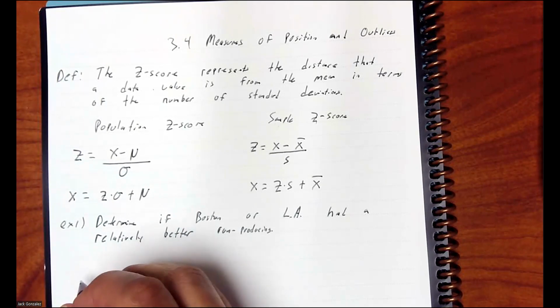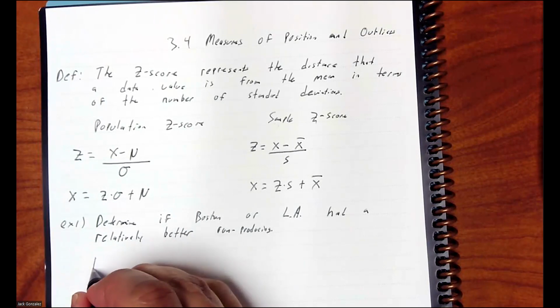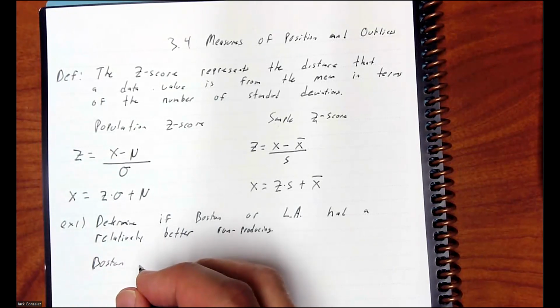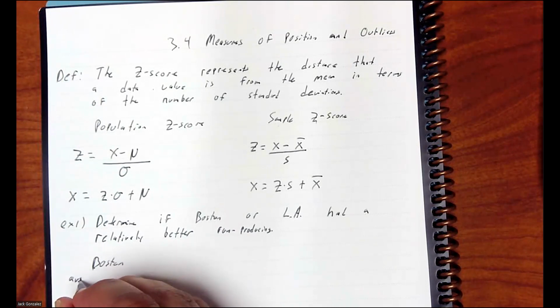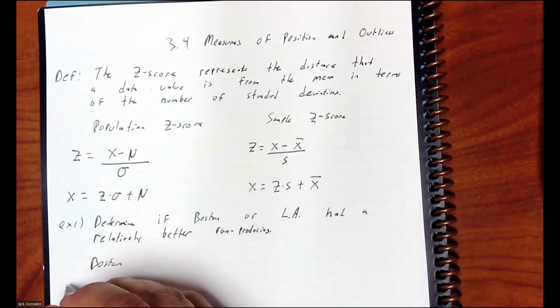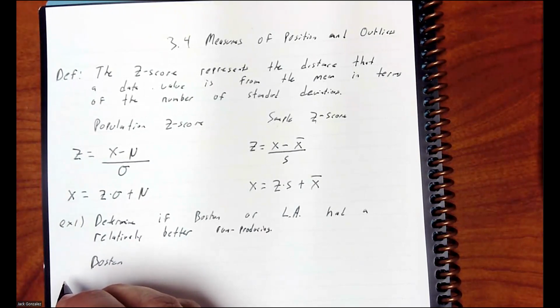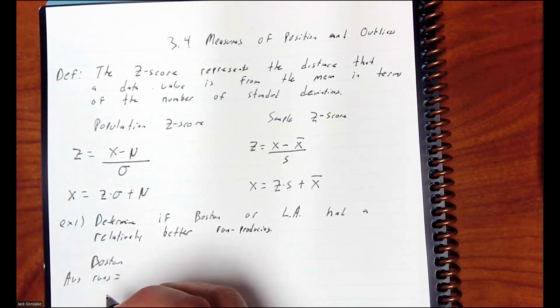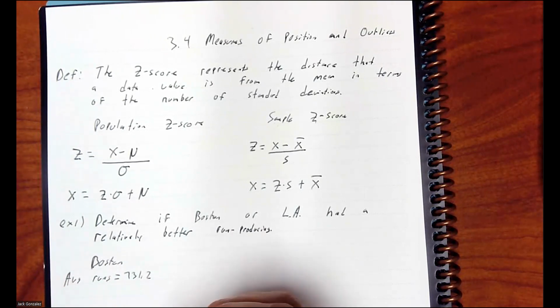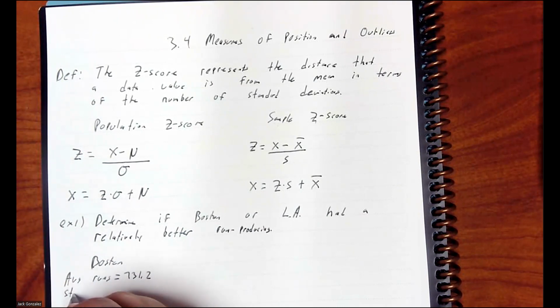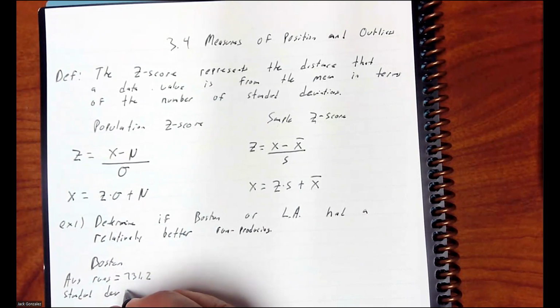So I'm gonna summarize what they give us a little better. Boston had an average runs equal to 731.2, standard deviation of 72.6.